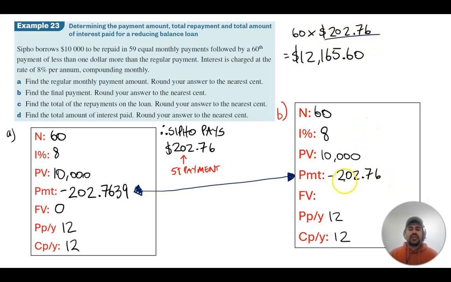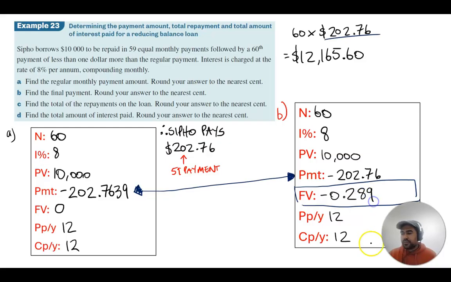And so what will happen is your future value after you've made 60 payments of this amount is going to try to compensate for the error that's occurred. So when you put this amount in, what you'll end up getting is a future value of negative 0.289. Or in other words, there is a difference of, if we round this, 29 cents.